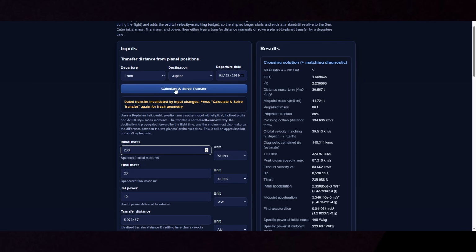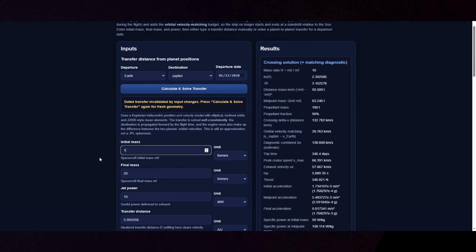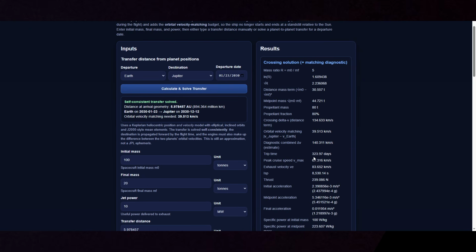So we've got a mass ratio of 10. The trip time is 346 days here. But if we had less propellant, the trip time was less. Well, that's because we're carrying more propellant that we can't use, which is slowing down our acceleration. So that is the realization.